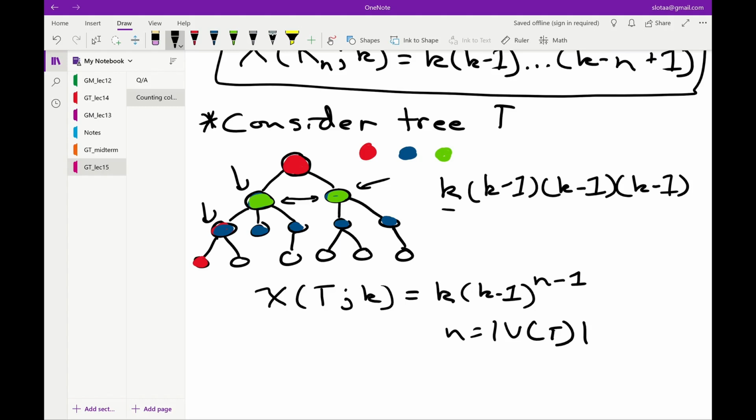So again, the argument we're making here is that we can color that first vertex with k possible colors, and for every other vertex, all n minus 1 other vertices within our tree, we're only restricted by one single color, essentially.